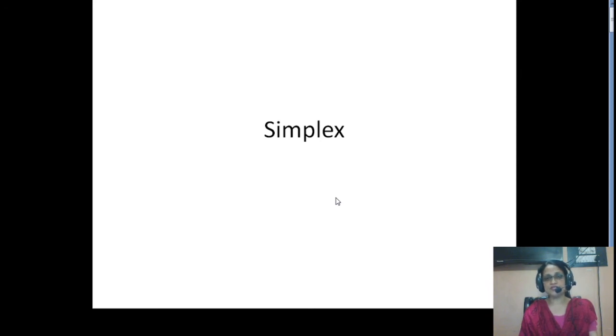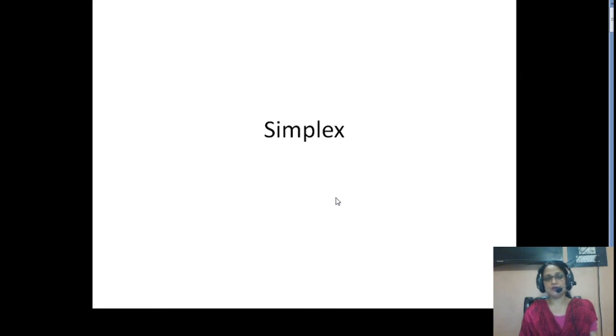But students, at the same time, you have to understand that calculating simplex is a tedious phenomenon. But a manager is not supposed to do the calculation. This is the computer age, technology is at its peak. So we should not undermine the importance of technology, and we have so many software packages which can easily calculate the values if the equations are given, right?